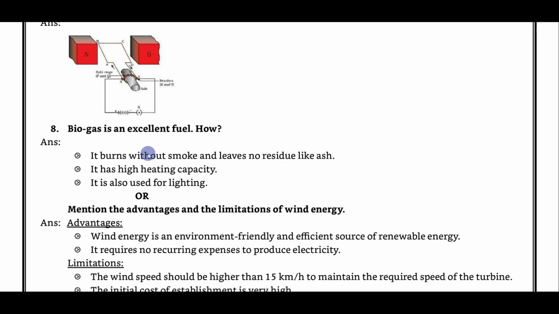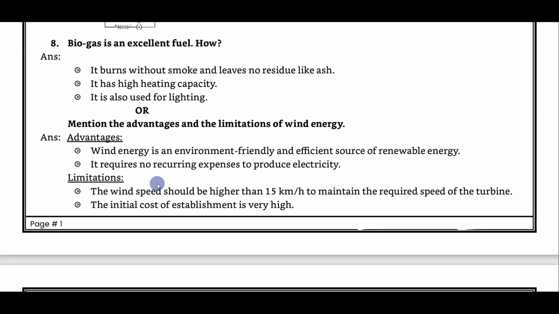Biogas is an excellent fuel. How? Because it burns without smoke and leaves no residue like ash. It is eco-friendly. It has high heating capacity. Its calorific value is high. It is also used for lighting.